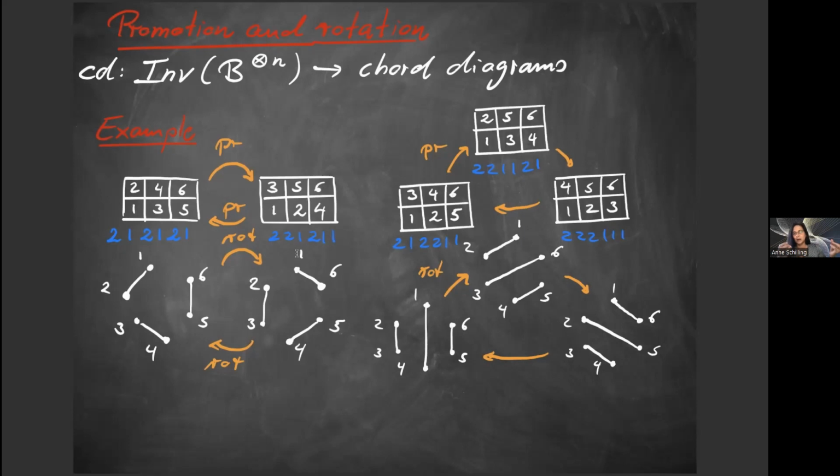So remember, those are words of a particular even length where we have the same number of 1s and 2s, and such that read from right to left, you always have weakly more 1s than 2s. These are in bijection with standard Young tableaux.